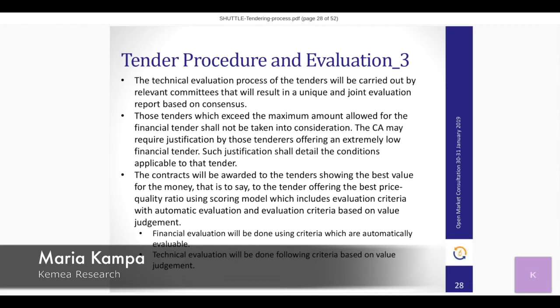The contracts will be awarded to the tender showing the best value for money, that is to say, the tender offering the best price-quality ratio using a scoring model, which includes evaluation criteria with automatic evaluation and evaluation criteria based on value judgment. Financial evaluation will be done using criteria which are automatically evaluable, and technical evaluation will be done following criteria based on value judgment.